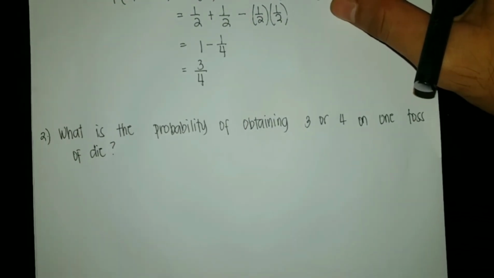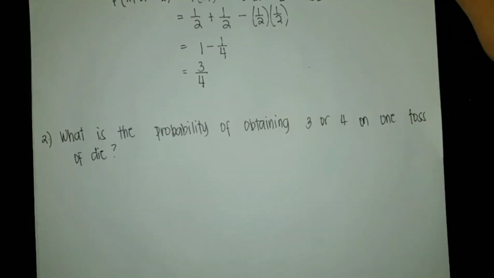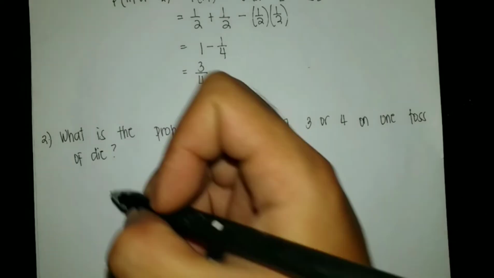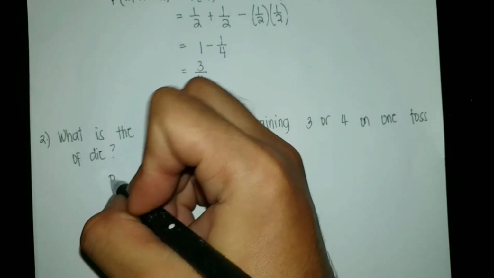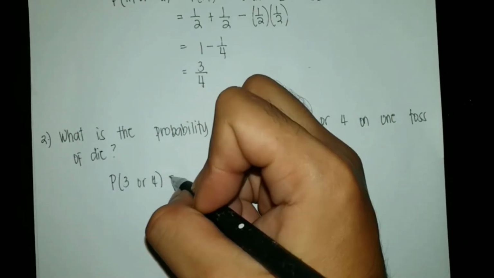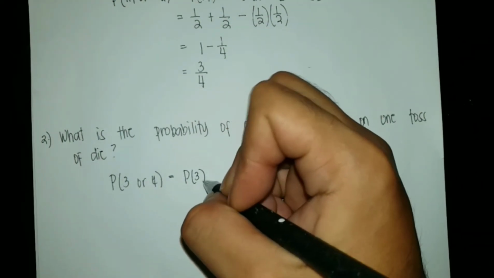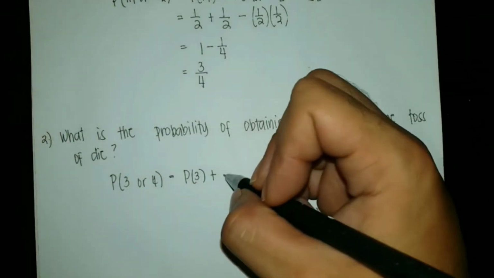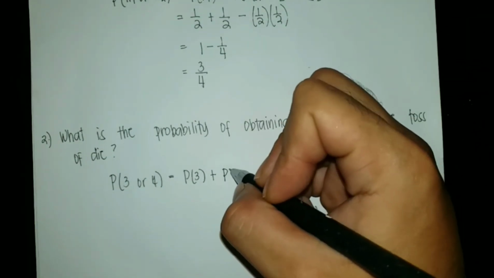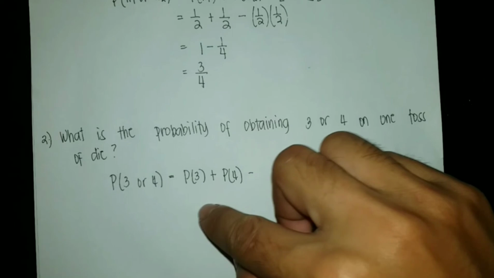Another example, what is the probability of obtaining 3 or 4 on one toss of a die? We'll be using the addition rule. In this example, the probability of events A or B, that will be the probability of obtaining 3 or 4, is equal to the probability of event A, which is the probability of obtaining 3, plus the probability of event B, which is the probability of obtaining 4, minus the probability of both events.